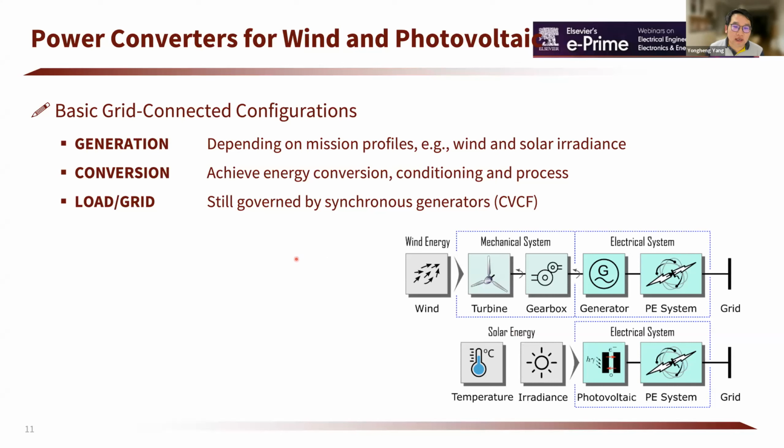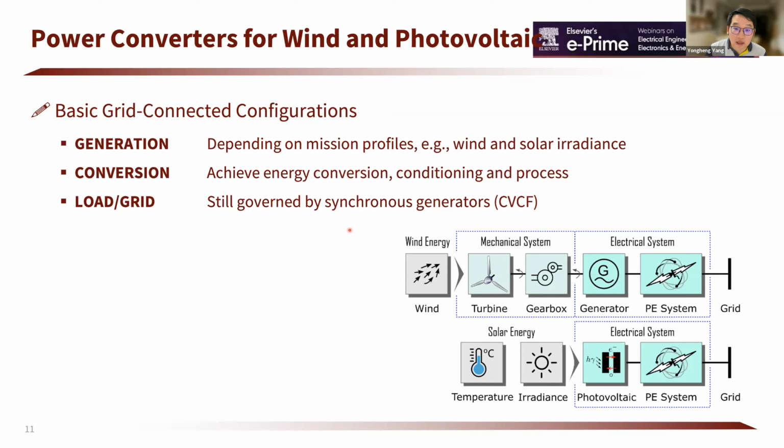It can be broadly categorized into 3 stages. The first one is the generation. Of course, for wind turbine systems, we use wind generators, and then we have the conversion stage based on power converters, and then the grid side, which is of course the grid, and that's the load side still governed by synchronous generators.